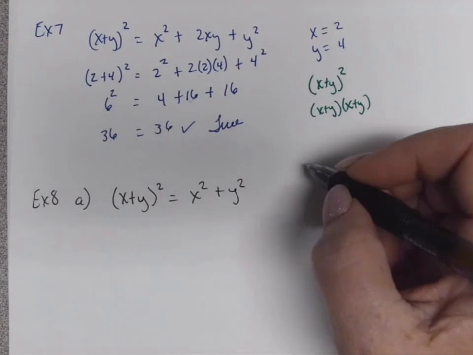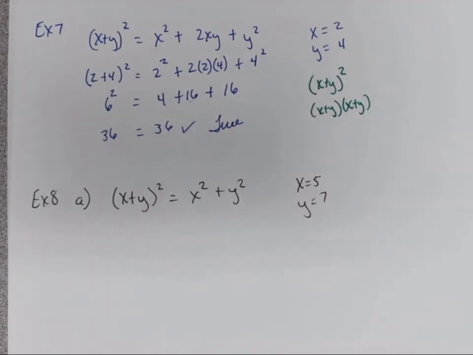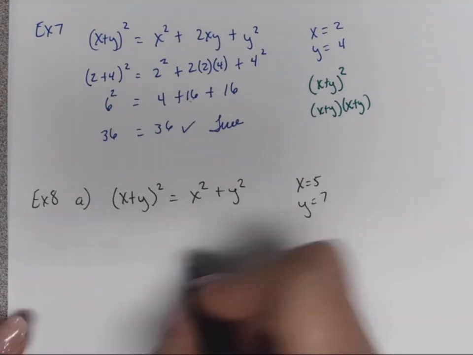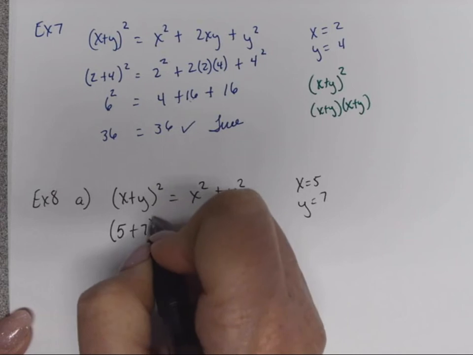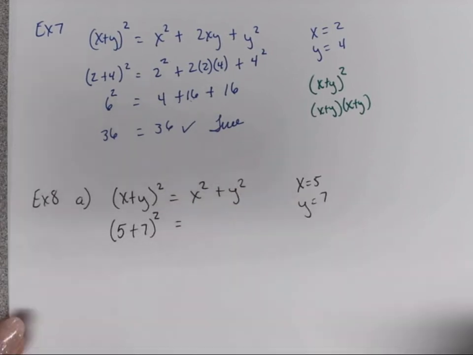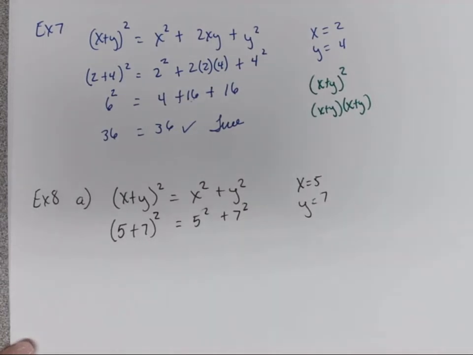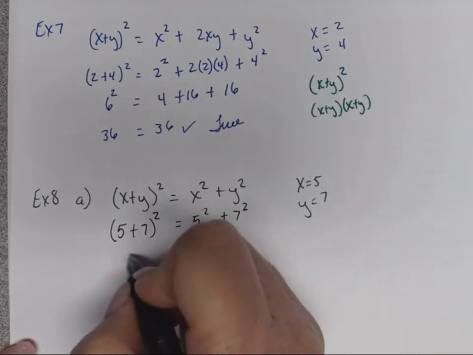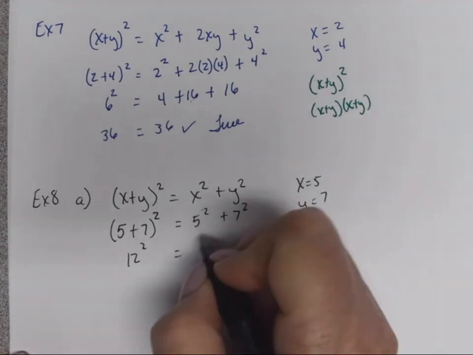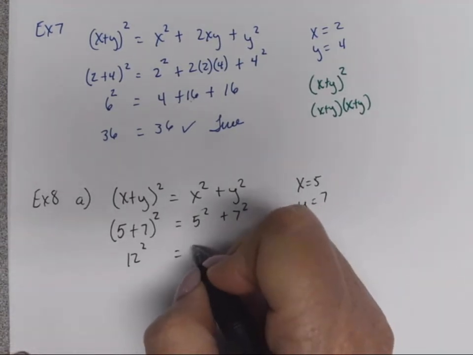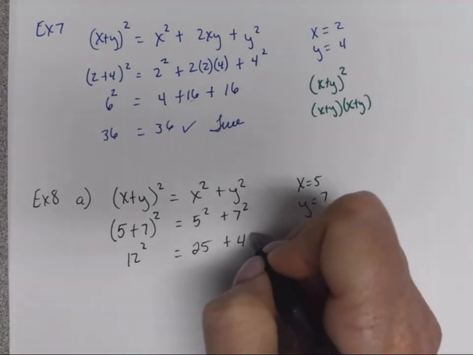So let's pick x is equal to 5 and y is equal to 7. All right, so let's plug this in. We have (x + y)², so (5 + 7)² is equal to 5² + 7². Well, 5 plus 7 is 12. Remember, we always got to follow those order of operations. 5 squared, that's 5 times 5 is 25. 7 squared is 7 times 7, which is 49.